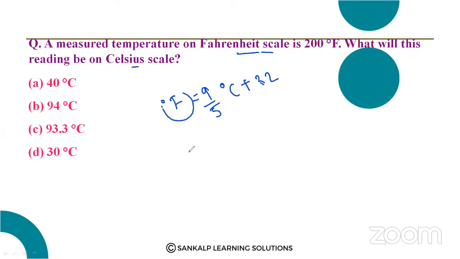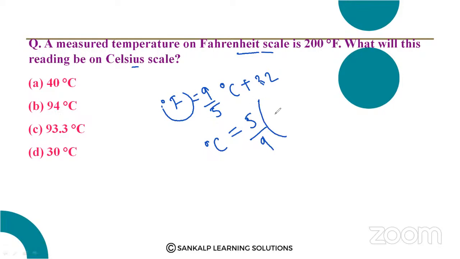We are given Fahrenheit, that is 200, and we have to find out the degree Celsius. How are we going to solve? Take this degree Celsius to this side, because this is our unknown quantity. Degree Celsius equals, since degree Celsius is in the multiplying state, 9 by 5 goes over and becomes reversed, so it becomes 5 divided by 9.